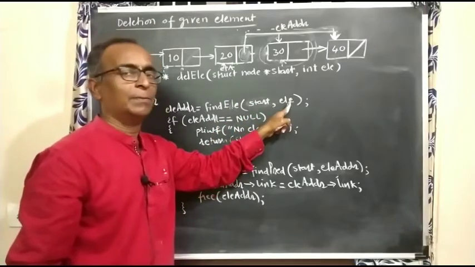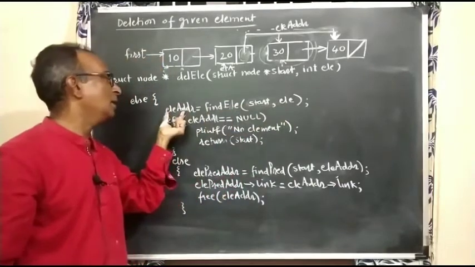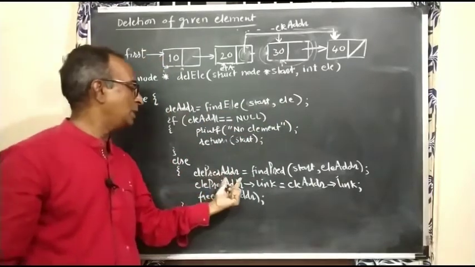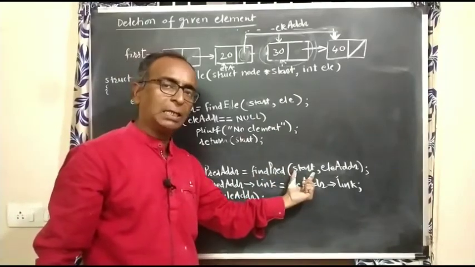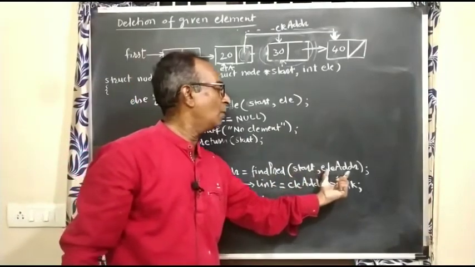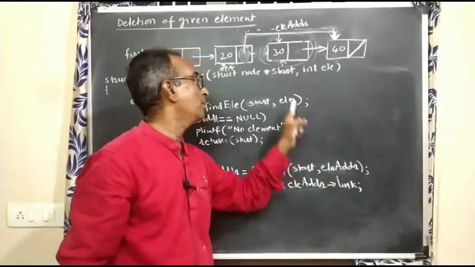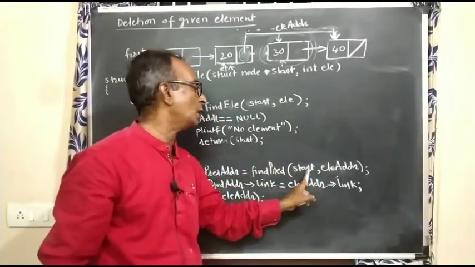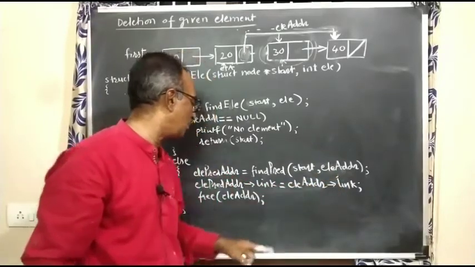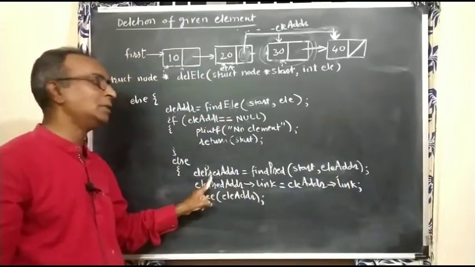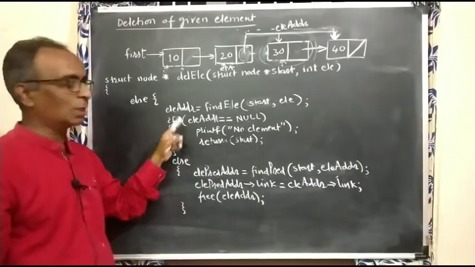Element is integer. In this list, find the element and return that element's address. What will be the signature of this? Find predecessor. Which list? Then which node's predecessor are you finding? Both are struct node star pointer variables, and it is returning struct node star. It is also returning struct node star.